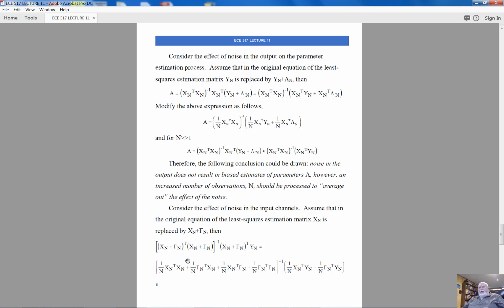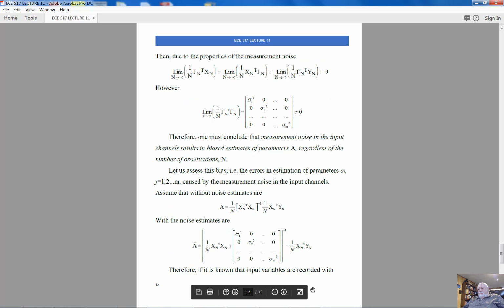And let's go back to the equation of the least square method. I'm working on this equation, and I also take advantage of the fact that with a large value of n, there is no correlation between noise and input signals, which results in this product equal to 0.